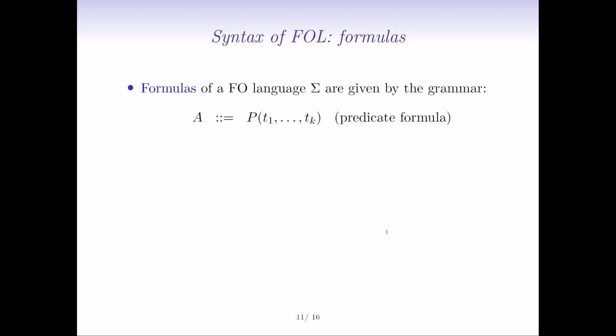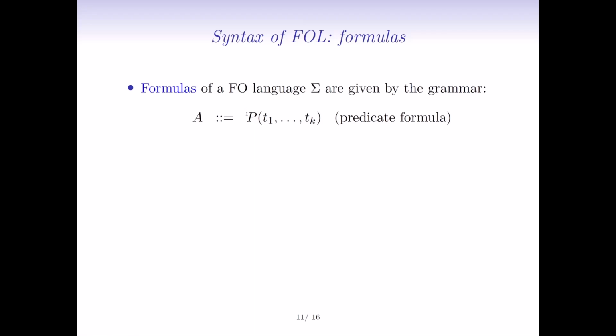Now we can give the definition of a formula. Again, I suppose here that I've already fixed my first-order language, so we know what we mean by terms. The main changes from propositional logic, as I said before, is that we're going to replace propositions by predicate formulas, and we're going to add the two quantifiers, which are for all and exists.